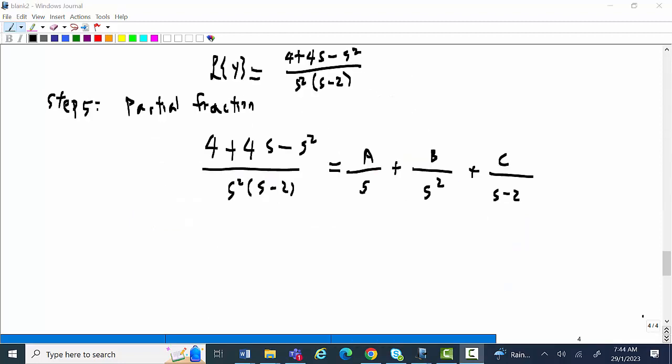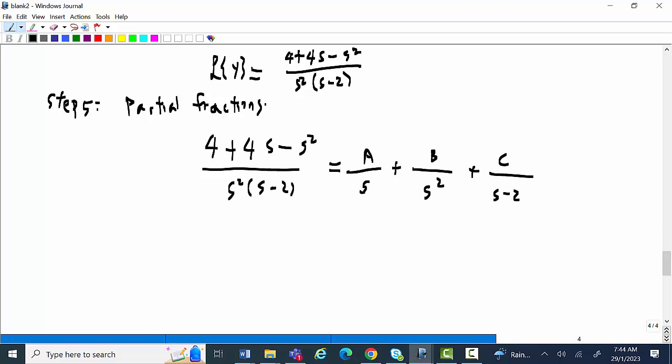Step 5, you do partial fractions on the right hand side. So 4 plus 4s minus s square over s square (s minus 2), because the s square term is a repeating factor. So it's going to be A over s plus B over s square for the repeating factor, and then C over s minus 2.